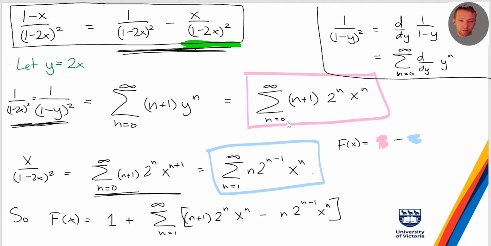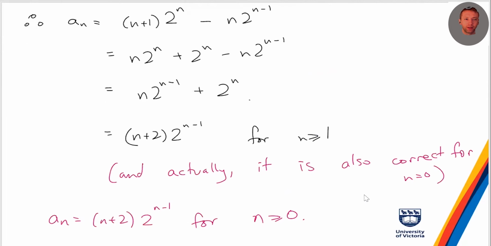You can, for example, take the 0 term here, which is 1, because if I plug in 0 here, I get 1 times 1 times x to the 0, so it's just 1. This 1 here is for the n equals 0 term. And then for all the other terms, n equals 1 to infinity, I have this thing minus this thing times x to the n.